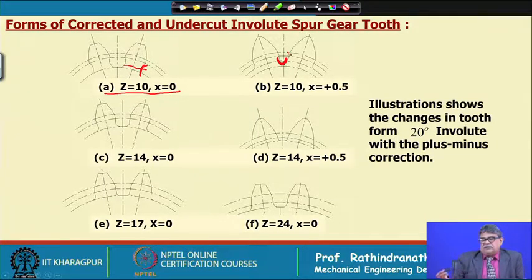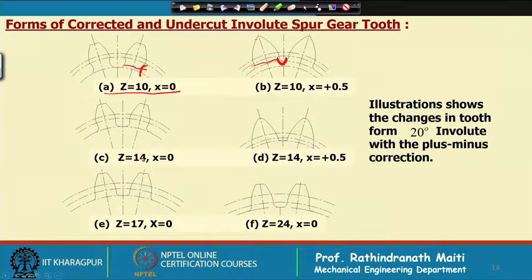This trochoid is having the proper shape, the root is not that weak, as well as a considerable tip is there also. Of course, with the positive correction, the tip is also increased to keep the height the same as 1 plus 1.25 module. So, it can be increased, we can truncate of course, but this is definitely acceptable.